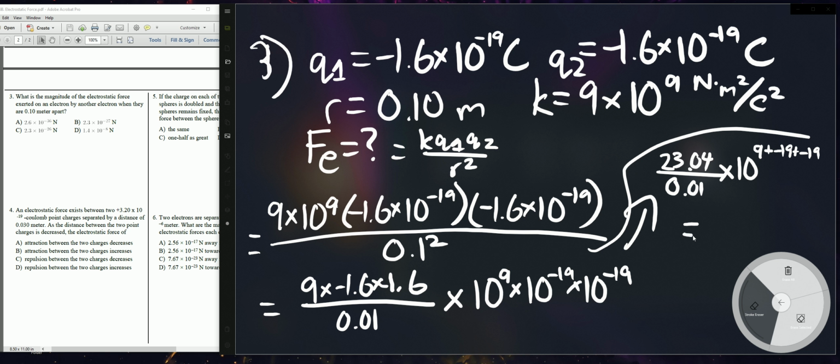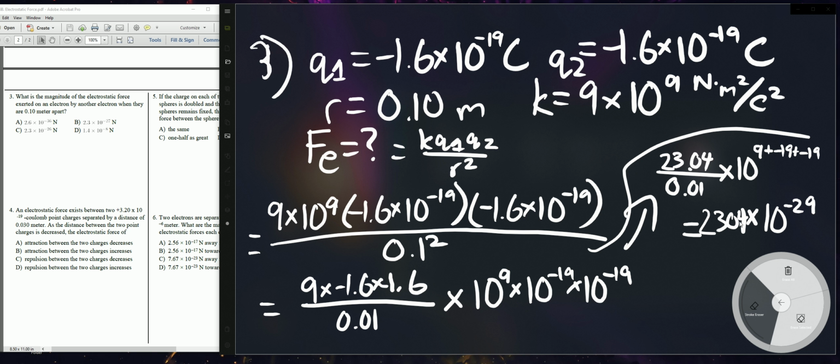All right, and so now we're going to get here 23.04 divided by 0.01, and you get 2,304. And the exponents here, well, 10 to the 9 plus negative 19 is going to give you negative 10. Negative 10 plus negative 19 is going to give you 10 to the negative 29. Okay, so how do we resolve this?